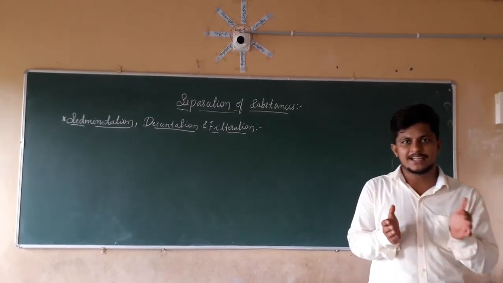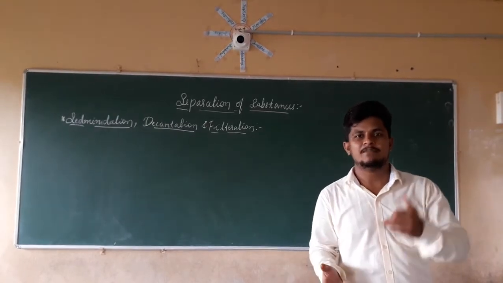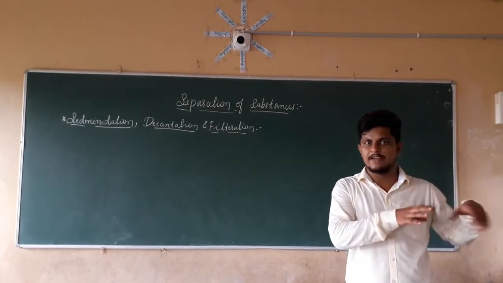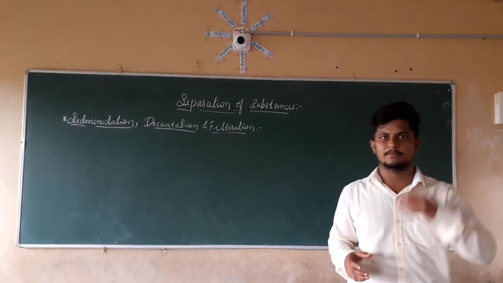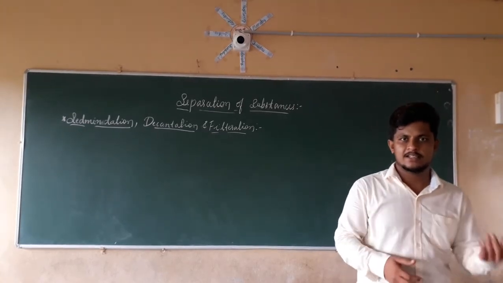That method is the decantation method. Sedimentation is the settling down of heavy particles due to gravity. Lighter particles remain on the upper portion, whereas heavy particles settle down. That is sedimentation.